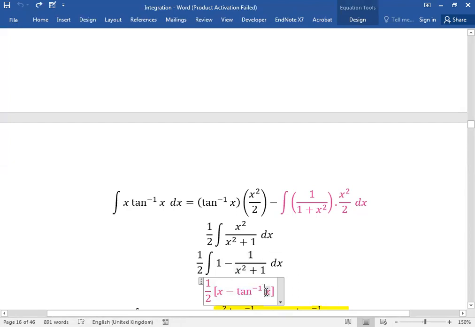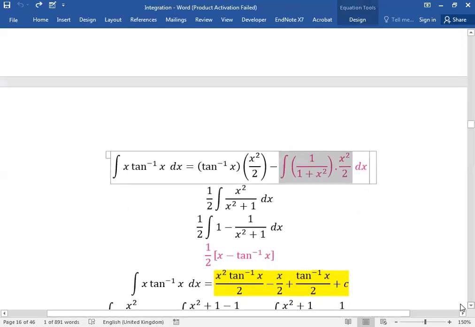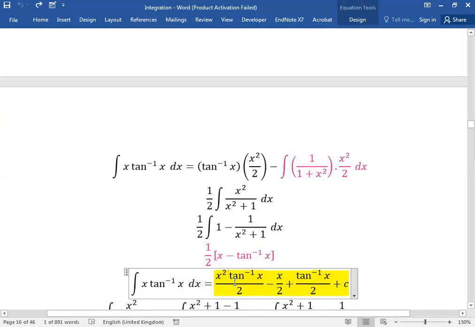2020 के बाद के पास reverse करो, उसमें सब चीजें आएंगी. And remember, this entire thing is multiplying by half. This was just the integral of this thing. So what is your complete integral? X squared tan inverse of x upon 2 minus x upon 2 या half x plus tan inverse of x upon 2 plus c.